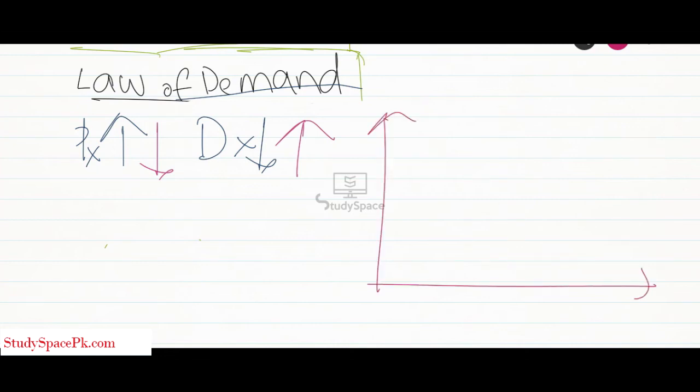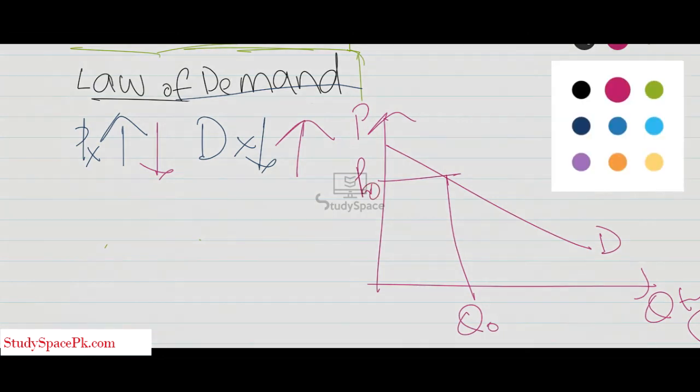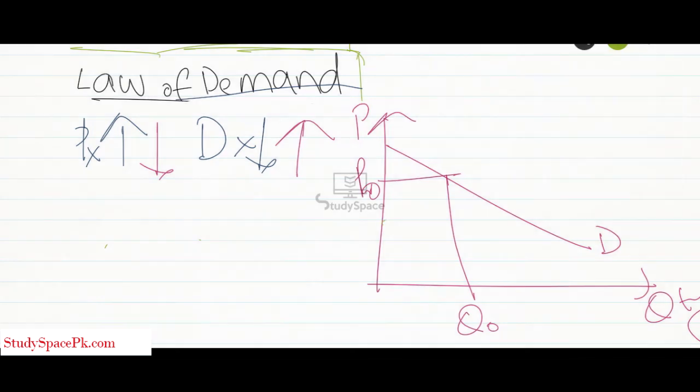If I have price on the y-axis and quantity on the x-axis, then the demand curve would be downward sloping. Let's say this is P naught and this is quantity demanded Q naught at price P naught. So if the price decreases from P naught to P1, the quantity demanded would increase from Q naught to Q1.